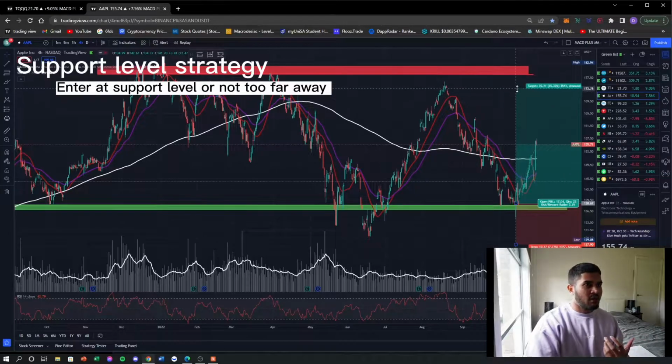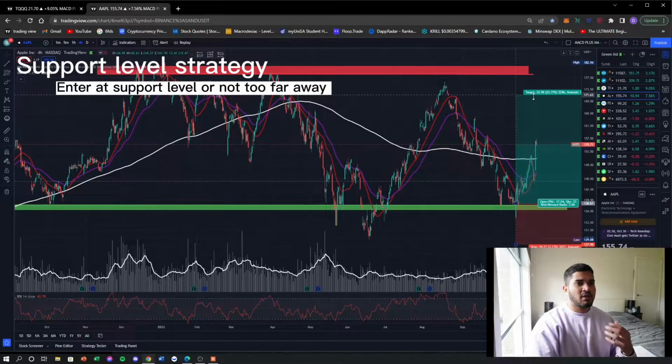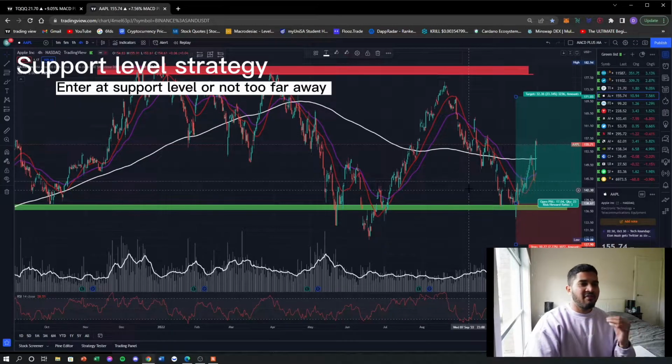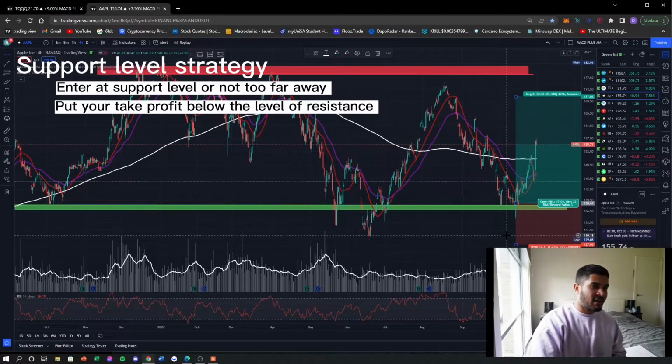What I would recommend is I wouldn't take my profit right at this resistance level. That would be stupid because people would basically sell before that. Our job is to be safe. So what I would do is put in my take profit somewhere before that level of resistance and also the stop loss.